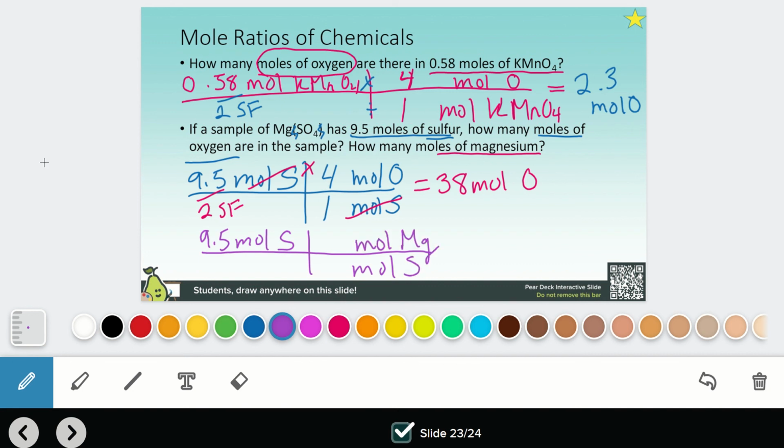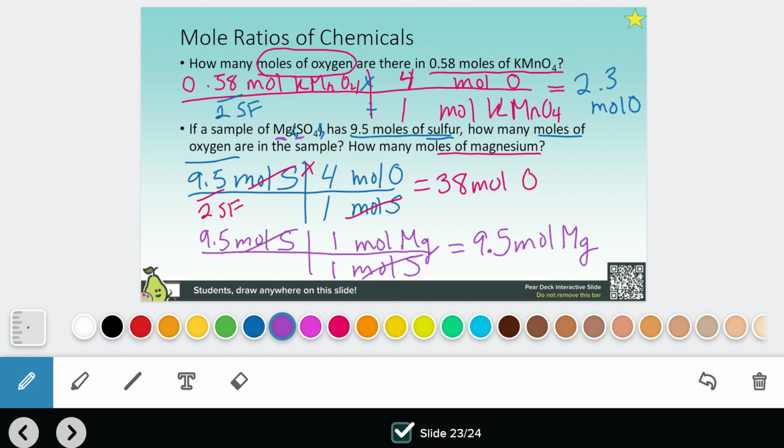Now this one's actually pretty straightforward. We can see in our formula that we have 1 sulfur and 1 magnesium. It's a 1-to-1 ratio, so our number doesn't actually change. But our chemical does. Okay, so sometimes that happens where we end up with the same amount. And so it's a 1-to-1 ratio, and we get the same number.